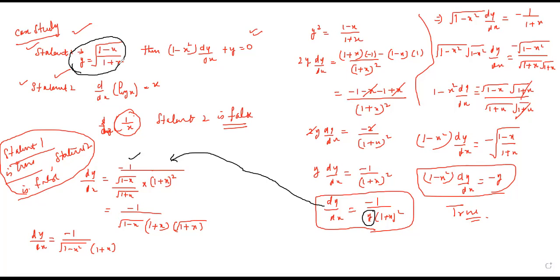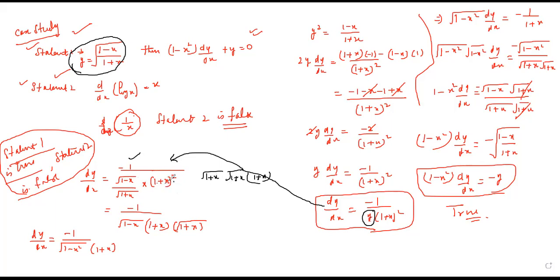Under root (1 minus x) over under root (1 plus x). So I have written under root (1 minus x) over under root (1 plus x) multiplied by (1 plus x) whole square. So from here I solved it: now this is (1 plus x) whole square, so this becomes under root (1 plus x) times under root (1 plus x) times (1 plus x).